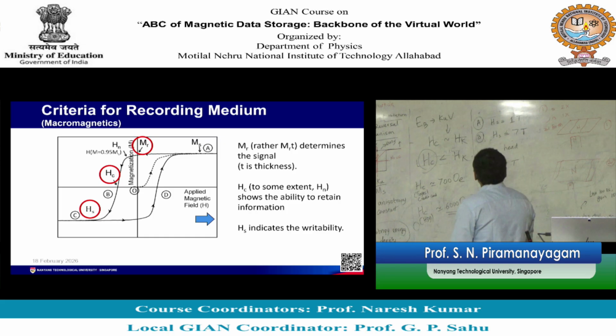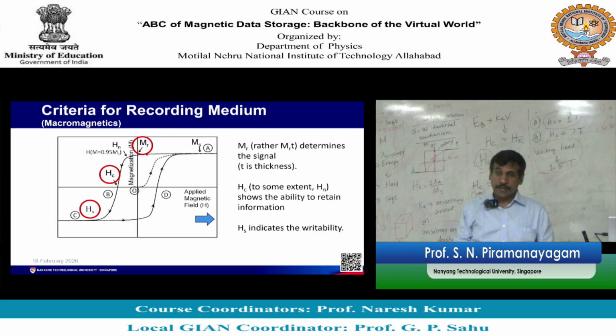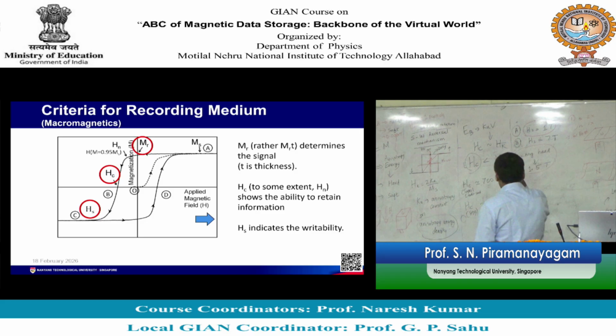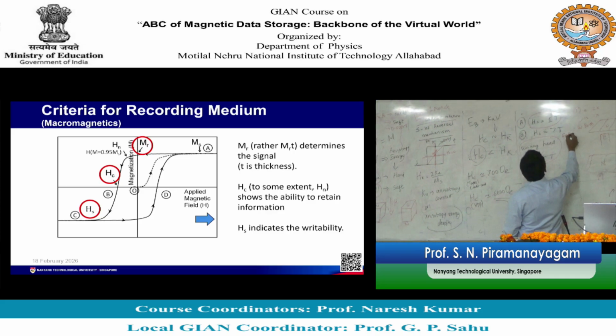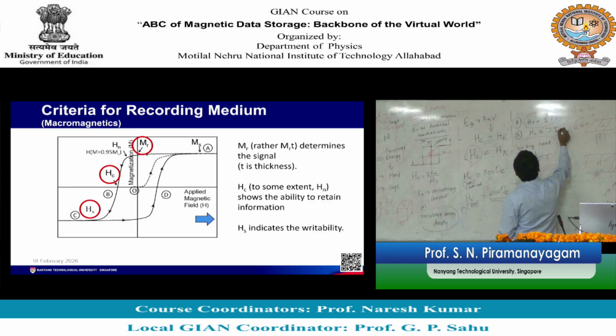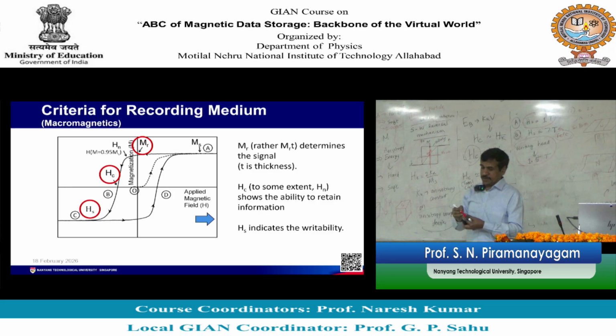Okay, so this example is particularly useful because in current recording technology, we use media with this kind of saturation field, and our writing heads have this kind of capability. But for future technology, people are looking at something called iron platinum recording media, which have very large Hs.